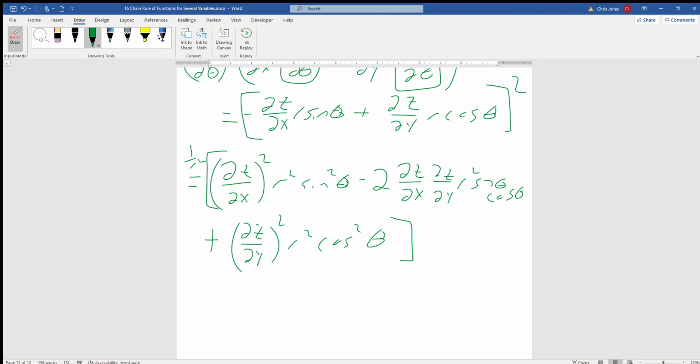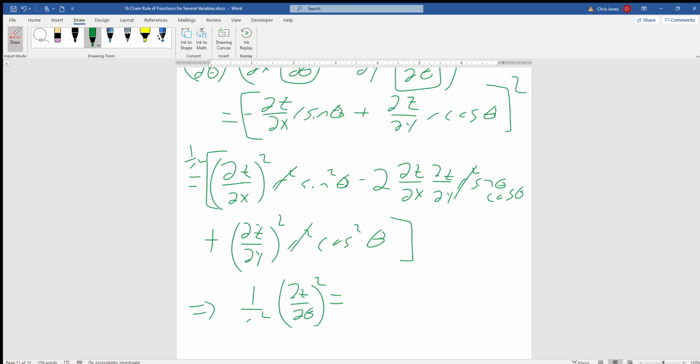So this implies that 1 over r squared times partial z partial theta square is going to be equal to everything above except for the r squared.